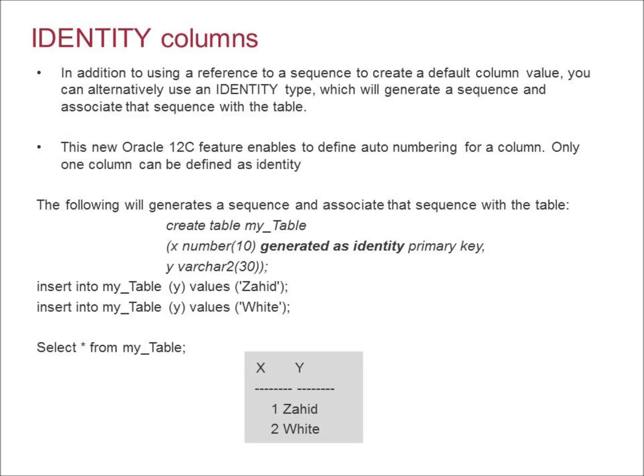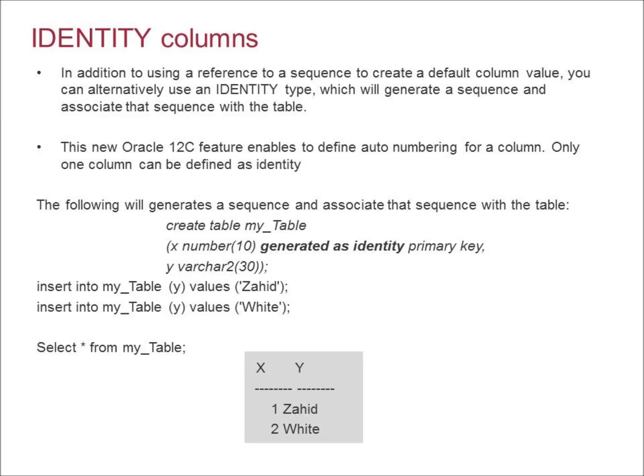So if you insert into test table values, default Paul, and then do select star from test tab, you will see that the ID column was inserted by default. Similarly, if you wanted to do it programmatically, you could use the trigger as we used to do. So now there's no need to do this. You can use this feature within the Oracle table.